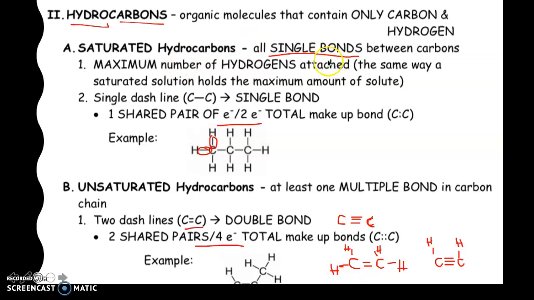Saturated hydrocarbons contain single bonds only, and they're sharing two electrons within those single bonds. Unsaturated hydrocarbons contain multiple bonds, meaning it could be a double or triple bond, and that's either sharing 4 electrons or 6 electrons. It's unsaturated because it is not maximizing the amount of bonds that the carbon can make. Carbon can make 4 bonds.